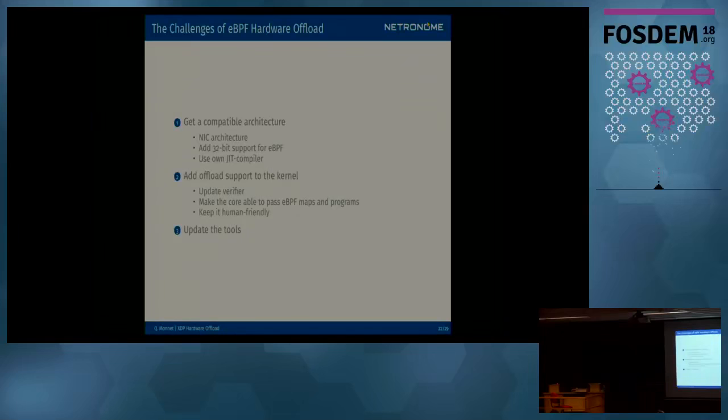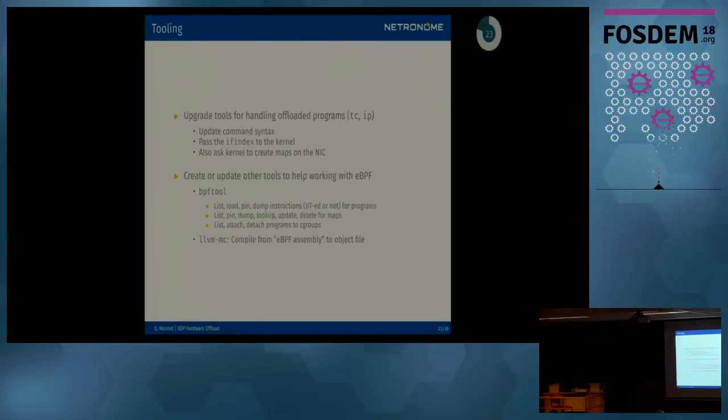So what we had to do was to patch them to update the syntax of those commands, to tell them that I want to offload this program to the NIC, and that they are supposed to pass the index of the interface to the kernel. This is some work that we have done already, so the latest versions are patched.